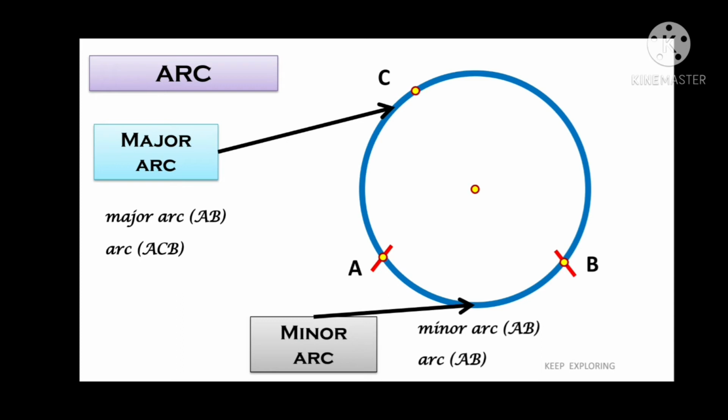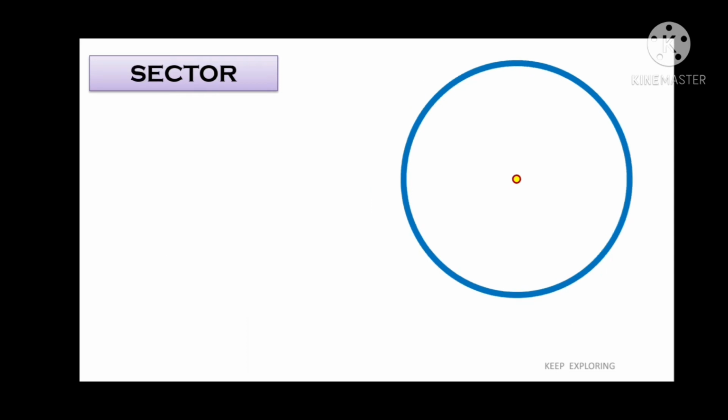So this 3-lettered name gives us a major arc. To avoid confusion between the minor arc and major arc, the minor arc can be written with 2 letters, and for the major arc we take one extra point. So with 3 points we can name a major arc. So the major arc is arc ACB and the minor arc is arc AB. In this way we can name the arcs.